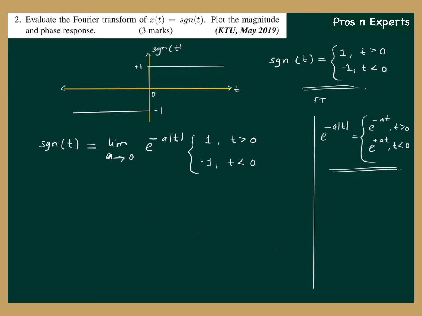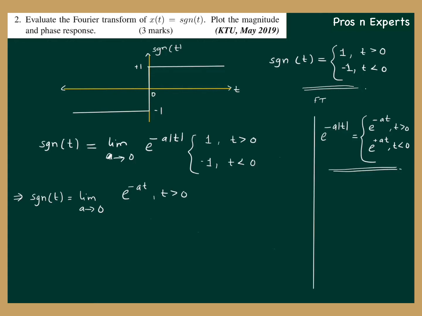So that implies signum of t is equal to limit a tends to 0. Now I am going to multiply this signal with this portion where t is greater than 0, and at t greater than 0, e raised to minus a mod t will end up as e raised to minus at. So I am writing it as limit a tends to 0, e raised to minus at for t greater than 0.